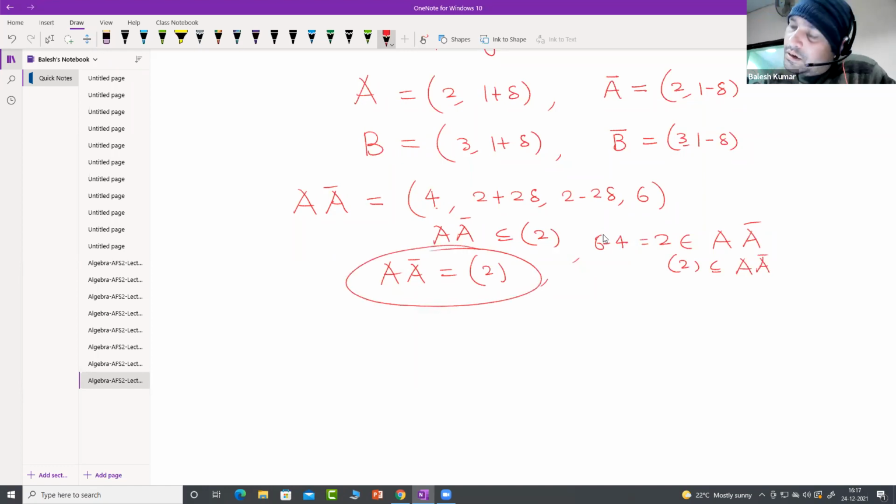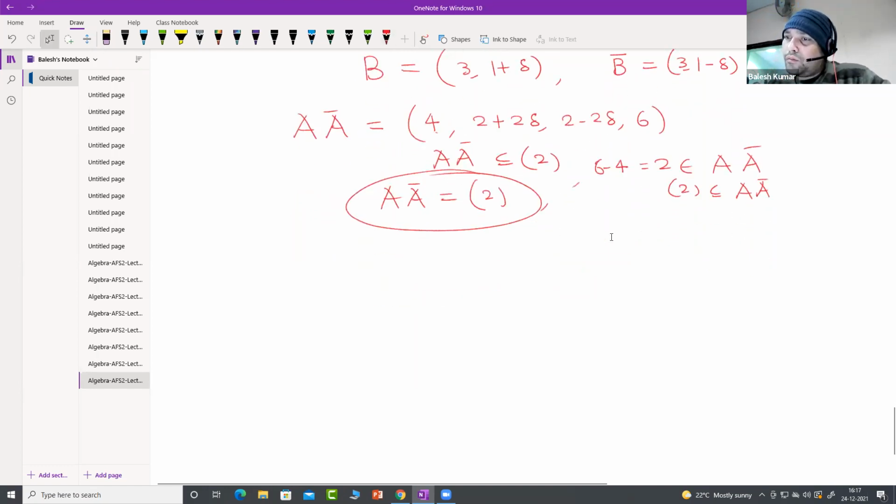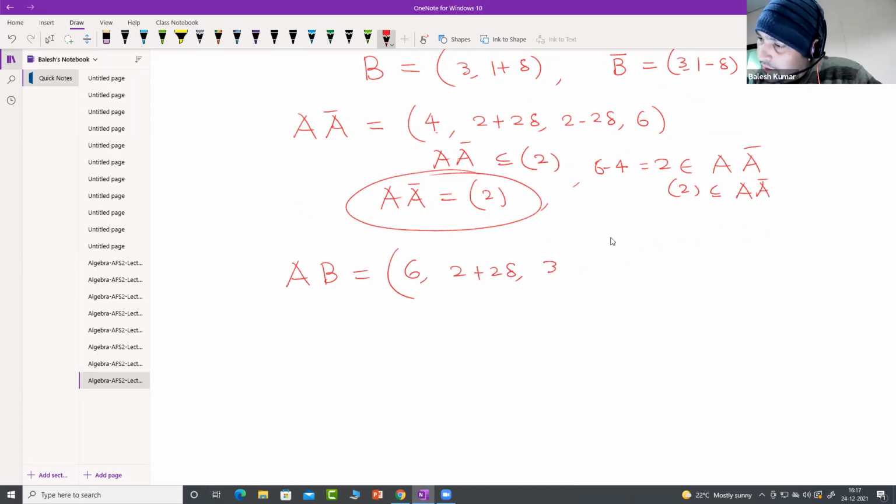And hence we have this result. Similarly, with similar arguments one can also prove that the product of ideals AB will be generated by 6 and 2 plus 2 delta, and just take the element-wise multiplication of the generators, 3 plus 3 delta, and then you have minus 4 plus 2 delta, and this one will correspond exactly to 1 plus delta and 1 plus delta.